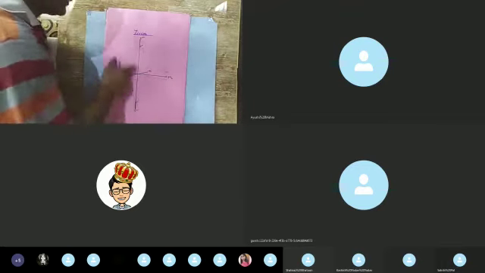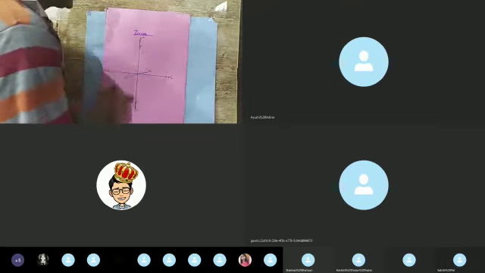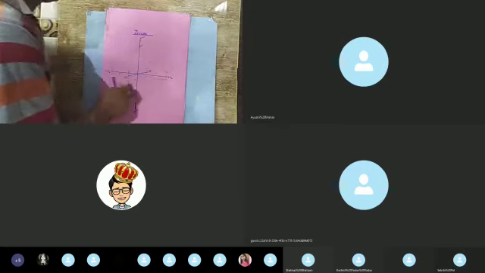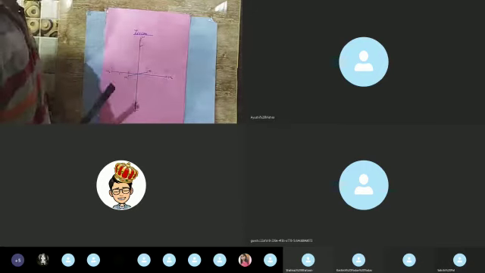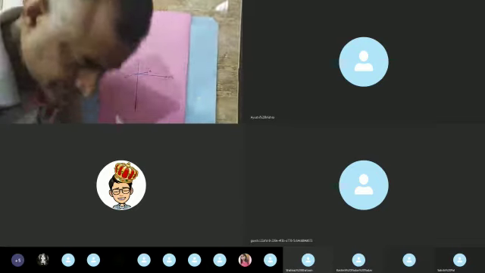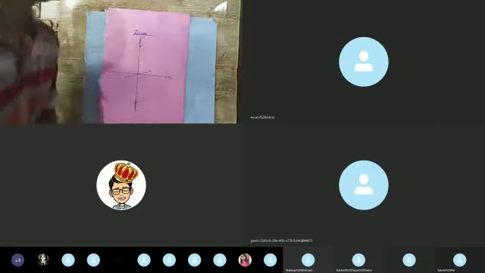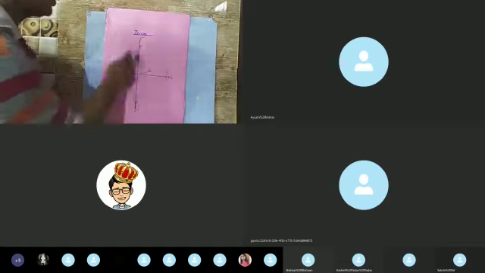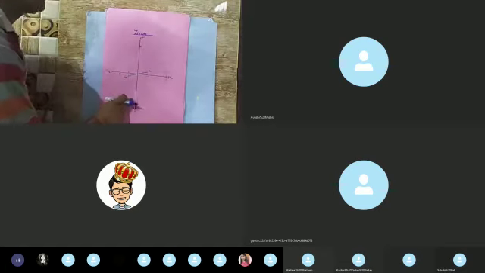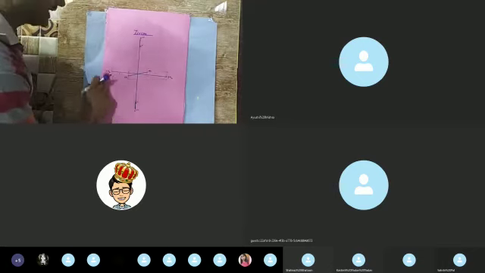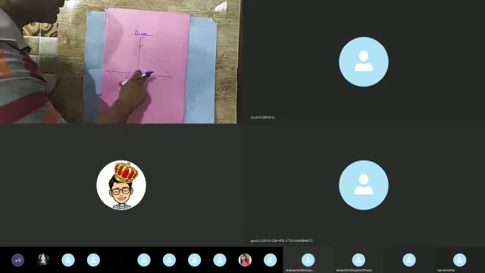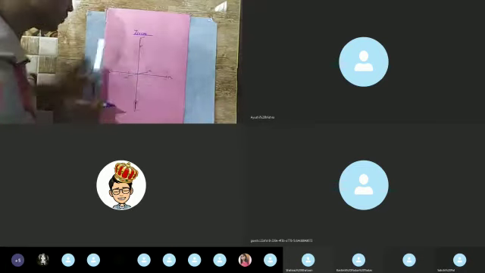So the total C axis length is 6.4. Now after that, we will draw a parallel line to the A3 or C axis, on minus A2, plus A1, minus A1 and plus A2.